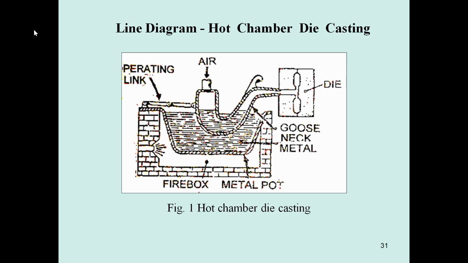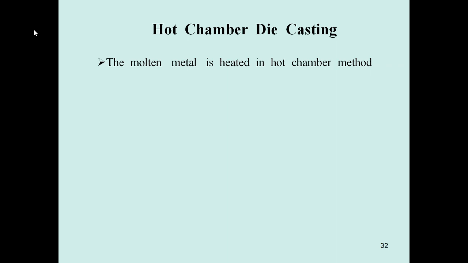Observe the figure: firebox, metal pot, metal, gooseneck, die, air, and operating link. This is the diagram of a hot chamber die casting.